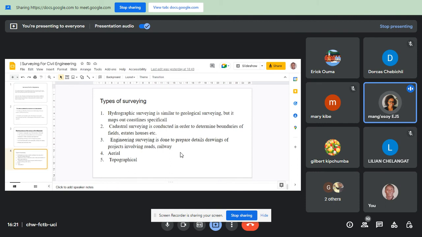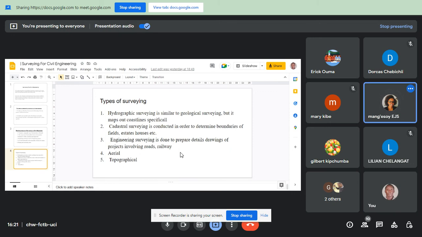Hydrographic surveying is similar to geological surveying, but it maps out coastlines specifically. Yes, correct. I wanted just to know if you can reach your screen because today you are very quiet.